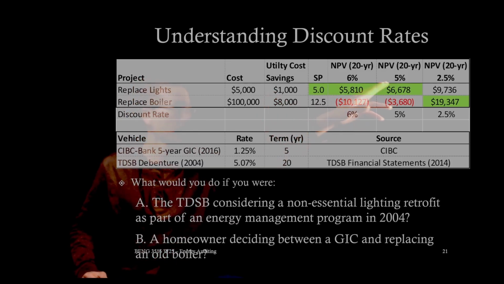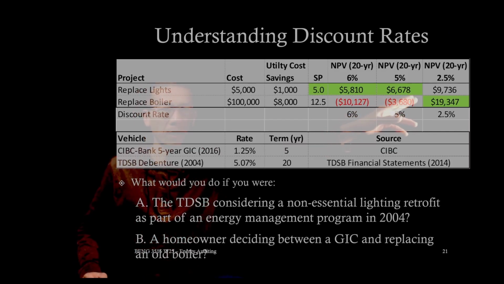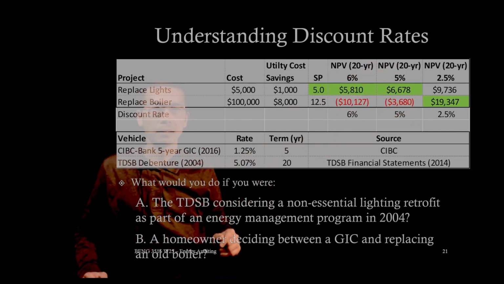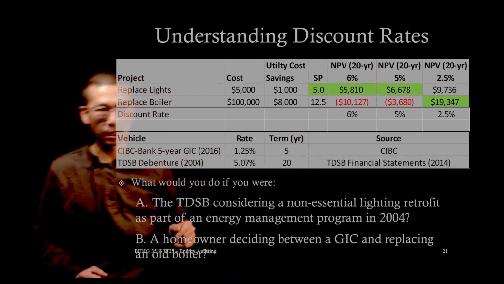If it's 5%, it's a little bit higher, 6,678. 2.5, even higher, right? The net present value.